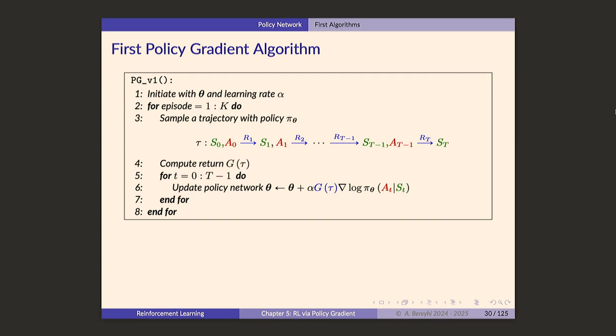What you're going to do is start with one sample. You just sample one trajectory. Once you have the trajectory, it contains enough information that you can estimate some gradient. So you compute the gradient of the logarithm of pi here.